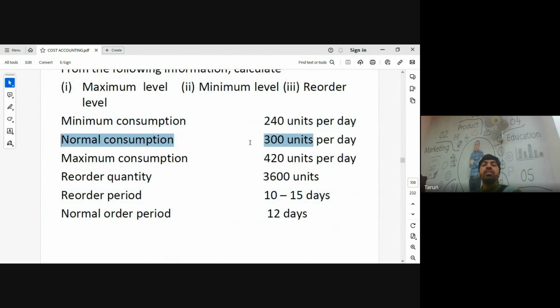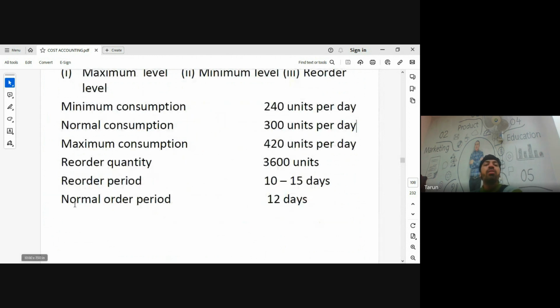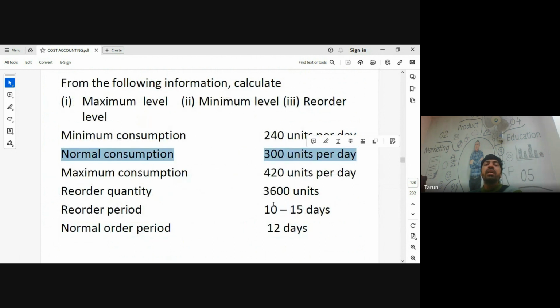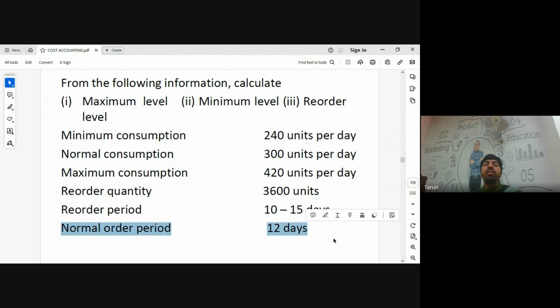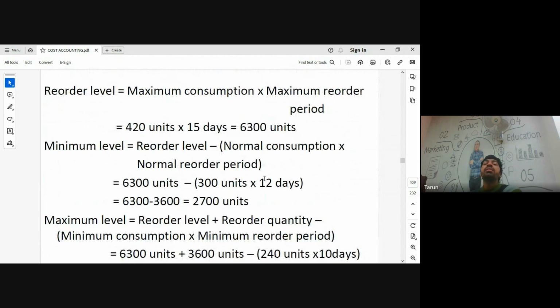The normal reorder period is 12 days. The normal consumption is 300 units, and the normal reorder period is 12 days. Whatever information has been given, we have to follow that. So 6,300 minus 300 into 12, which is 3,600.